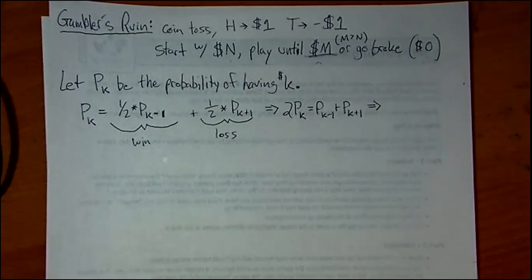Or maybe let's rearrange it and then solve it. Does anyone know what kind of equation this is that we're trying to solve? Yeah, we want to find the characteristic equation. So this is a linear homogeneous recurrence relation, the kind that we were looking at in section 5.7 and 5.8 last term.